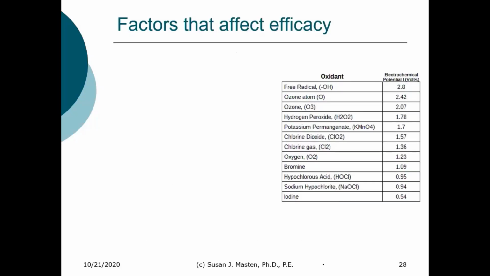So in terms of what factors affect efficacy, and here we're looking at chemical disinfectant, what I have here is a list of various oxidants. And you see ozone is right here. Hypochlorous acid is down here.